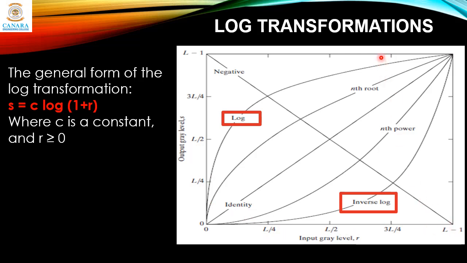Only this narrow range is mapped. So this is the working of a log transformation. Similarly, you can observe in the inverse log, it is compressing the lower ranges while expanding the higher ranges. So the inverse of the log function is carried out by the inverse log function.